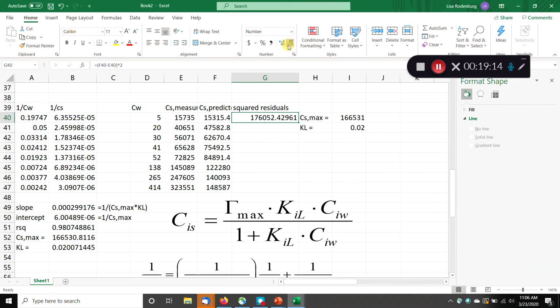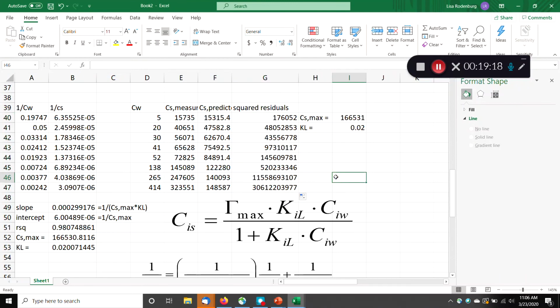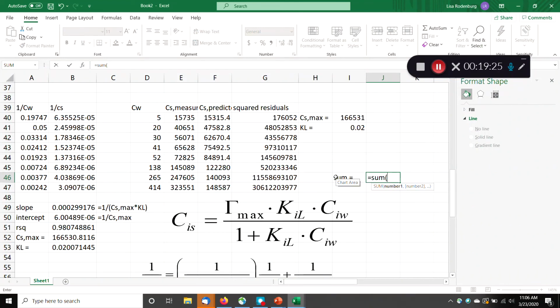Way too many significant figures. Okay, so then we can copy these all down, and then we want to minimize the sum of them. So here's the sum of our squared residuals. This is the number we're trying to minimize.